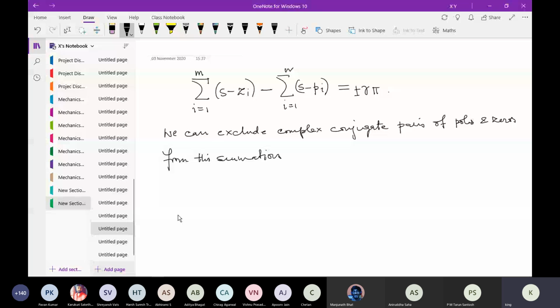So let us say we have a situation. This is my real axis.